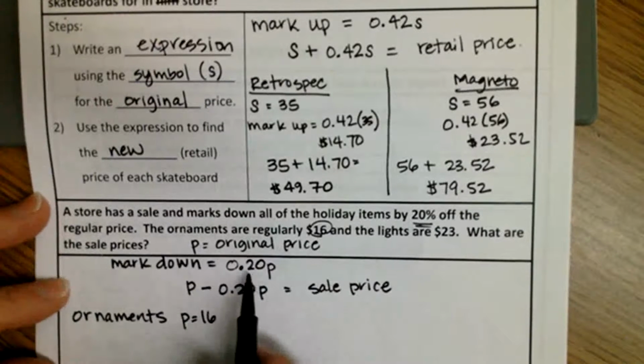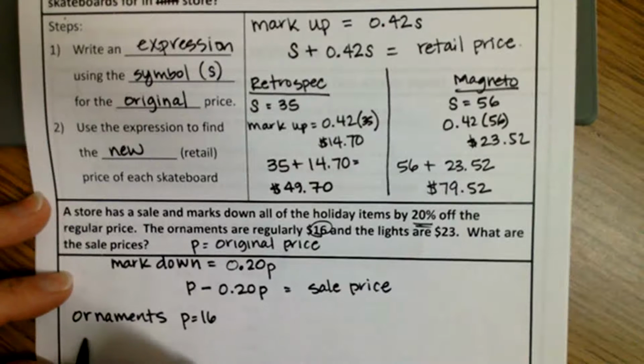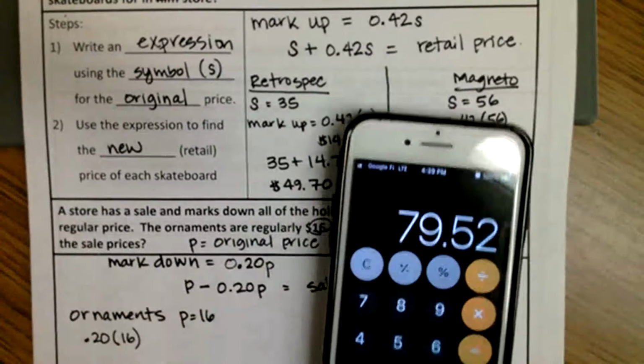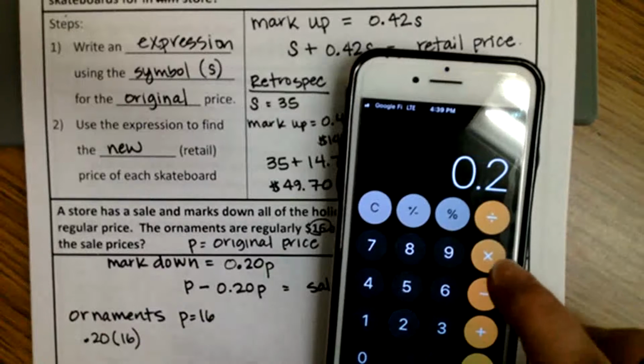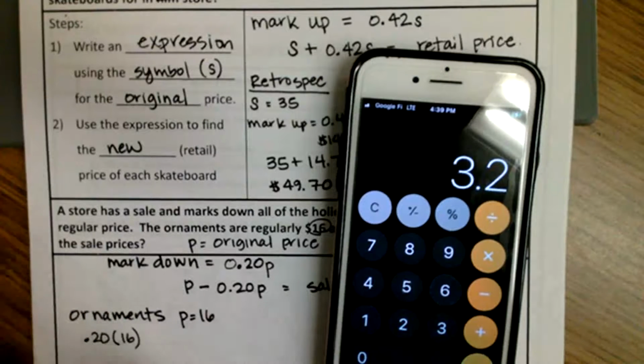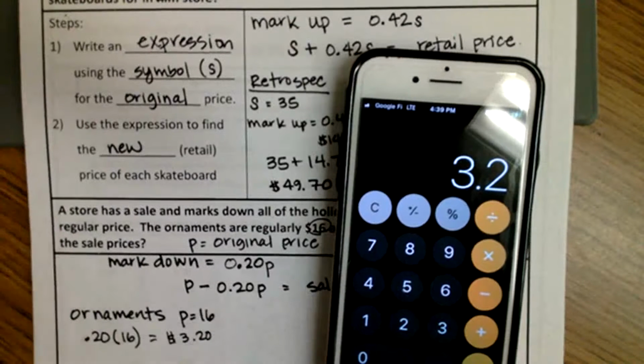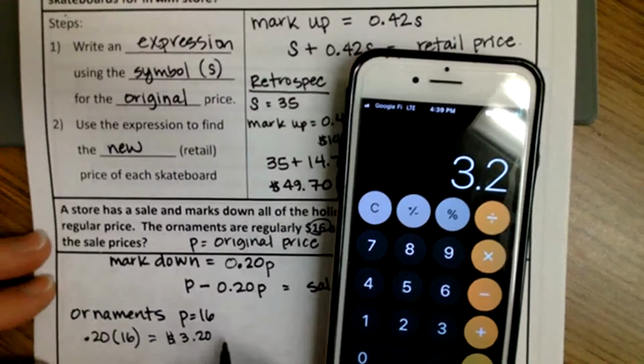And remember, for ornaments, the P is $16. Okay? So we're going to first find the markdown. We're going to take 20% of 16. We're going to get our calculator. 0.2 times 16, we get $3.20. Since it's a markdown or a sale, I'm going to subtract that. That's what I'm going to take off. So I'm going to get $3.20 off the regular price.